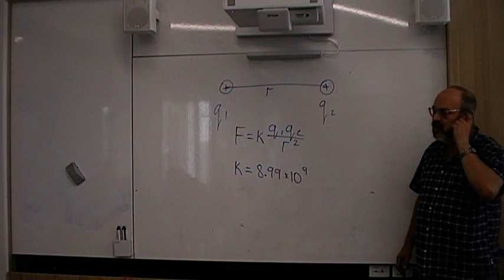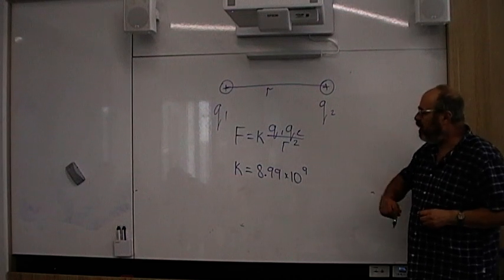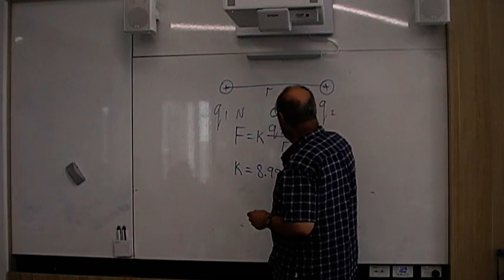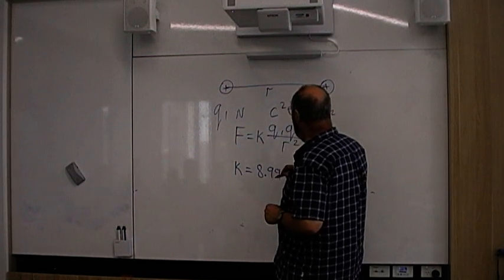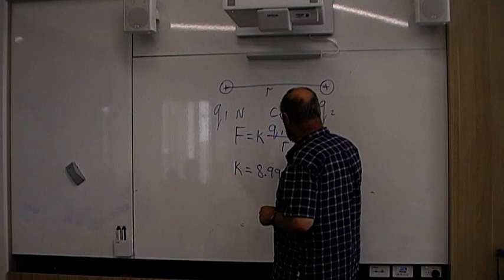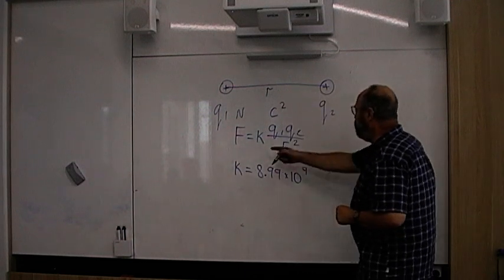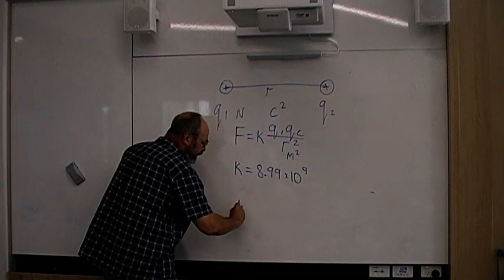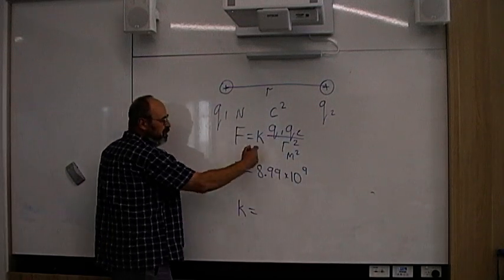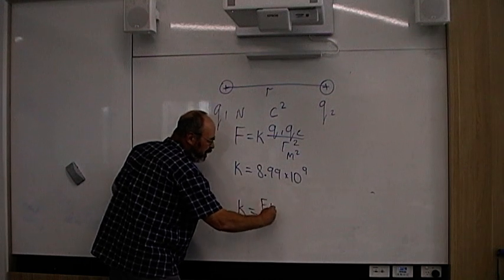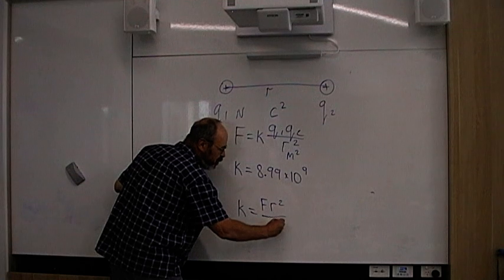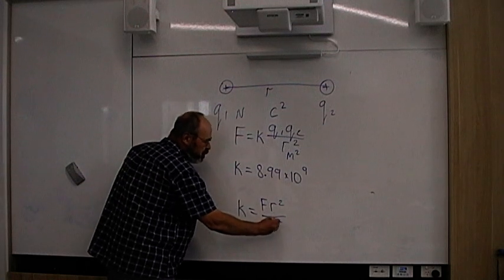What are the units for K? If this is newtons, this is Coulomb times Coulomb, squared, and this is meter squared. So if you rearrange this formula for K, thank you for the excellent question, K will be equal to F times R squared divided by Q squared, if the charges are the same.